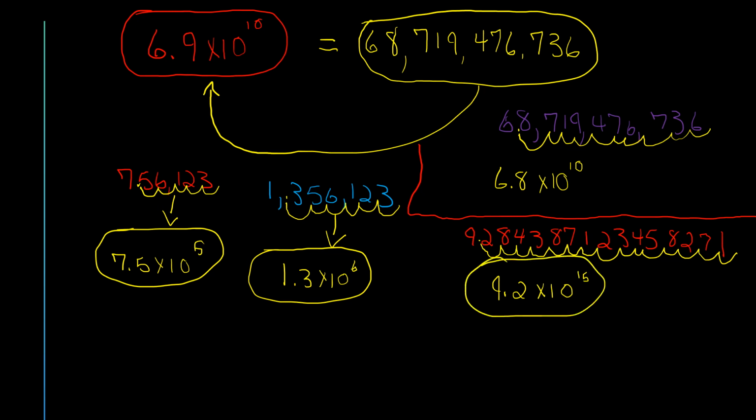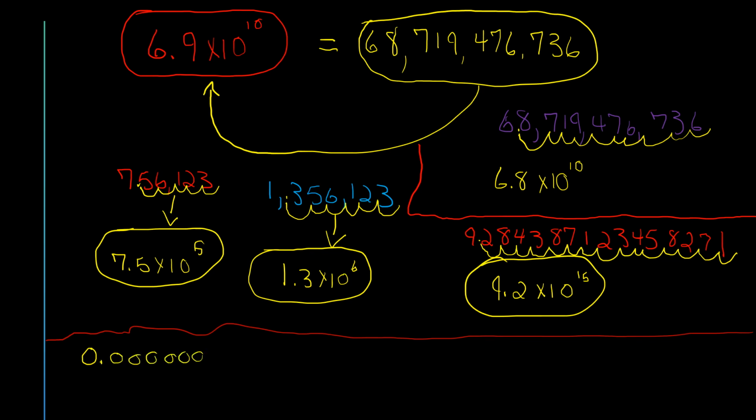Decimal notation. Let's create some decimals and put them in scientific notation. Watch this. With decimals, you go the other way. Starting from the decimal, you go the other way. So we got 0.000000512.